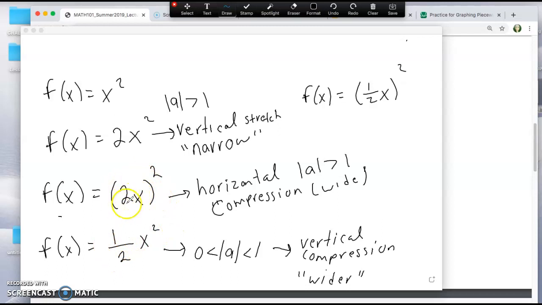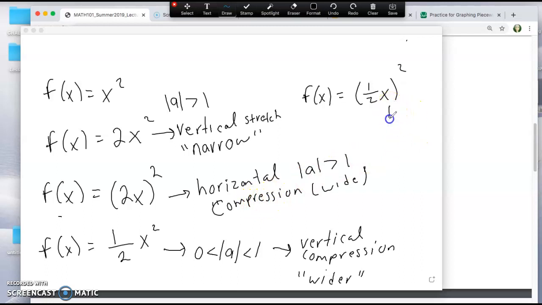Now, if you're multiplying by a coefficient on the inside of your function, you notice the 1/2 is on the outside here, but the 2 is on the inside of the function, right? It's both being squared. So when we have a coefficient being multiplied on the inside of a function, we have a horizontal change. And if it's greater than 1, a whole number, it's a horizontal compression, meaning it gets wide.